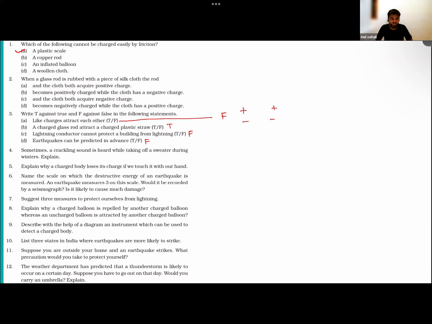Okay, see next question. On which scale is earthquake measured? The Richter scale. Okay, the scale is called Richter scale.